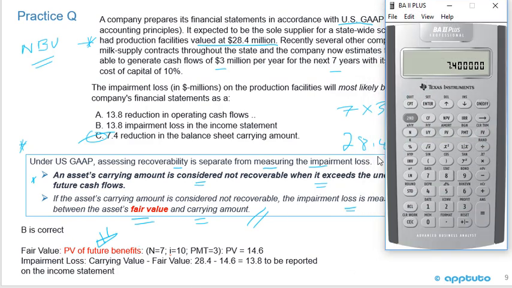So you have to bring up your calculator, and you need to check your P/Y is 1. And you can see that the N is 7 years, and the interest rate is 10%, so 10 I/Y, and the payment is $3 million a year, and the future value will be 0. And so I'm going to compute my present value. I'm going to get 14.6, okay?